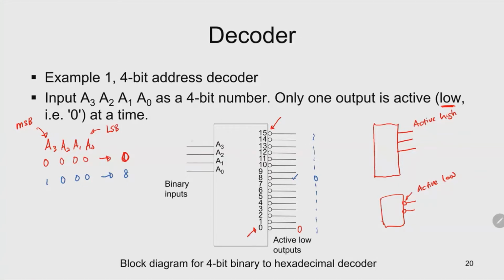So if you have the combination of the inputs for a particular hexa number, that will activate the particular output of this decoder. In other words, it's activating like an address. If you have a particular address number at the input, that will activate a particular line of the output.